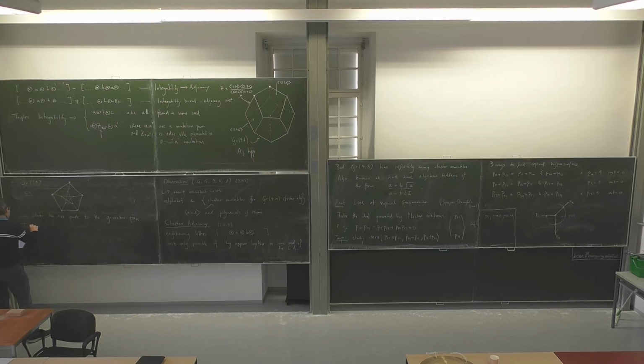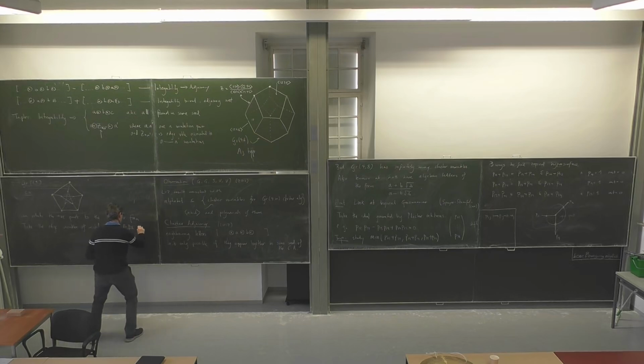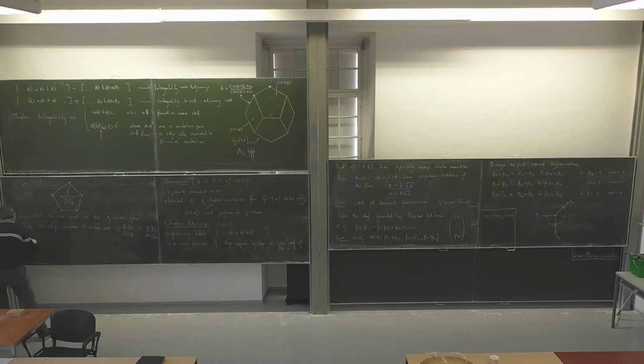The way to do it is to take the edge variables in your initial seed, I called them Z1 and Z2. So let me write them in terms of Plücker variables. You just get this from the quiver diagram. Then you tropicalize.